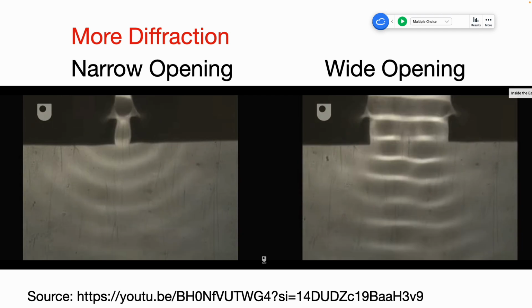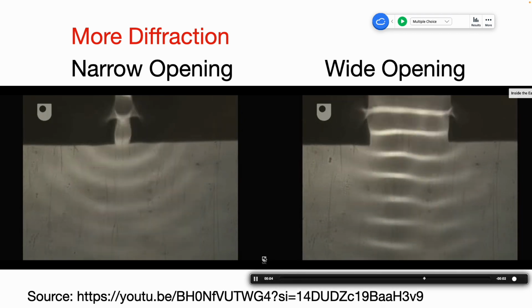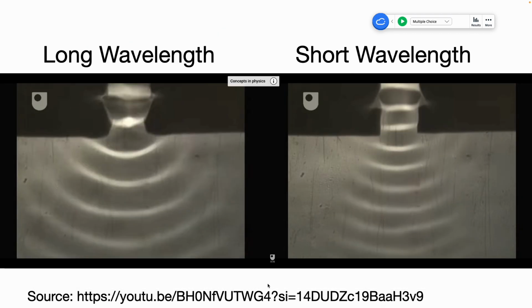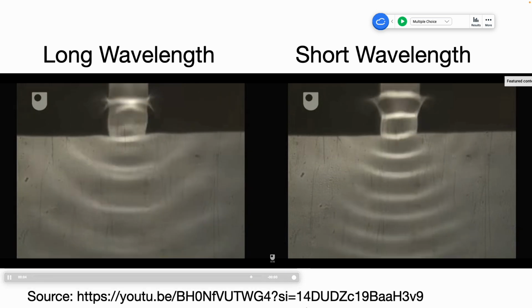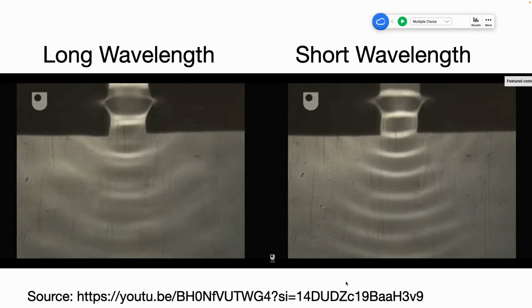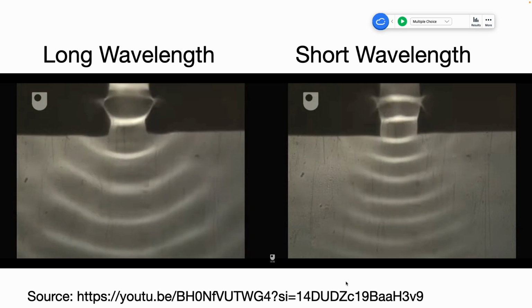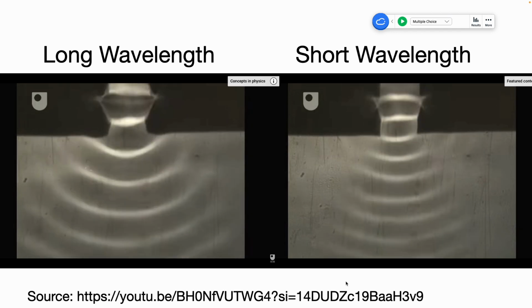All right, so this is the opening itself. Let's try to look at the property of the wave. Here you have two openings with the same size, but on your left-hand side, the wavelength of the wave is longer, and on your right-hand side, the wavelength of the wave is shorter.